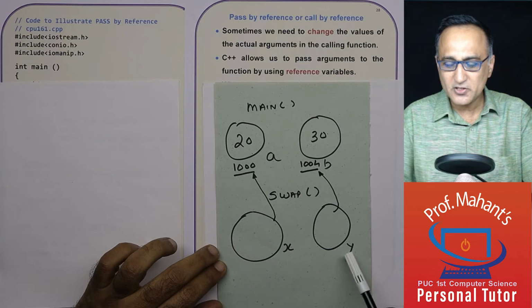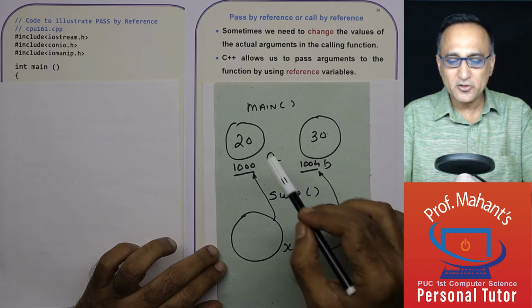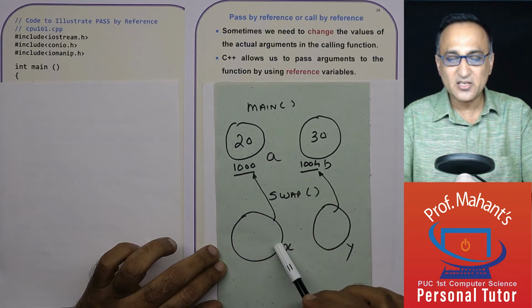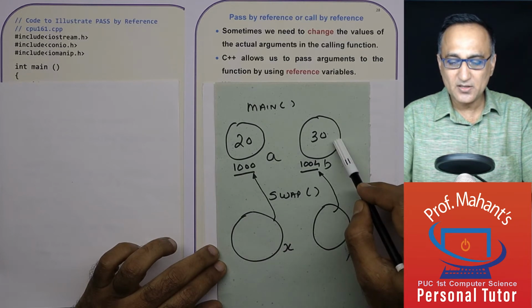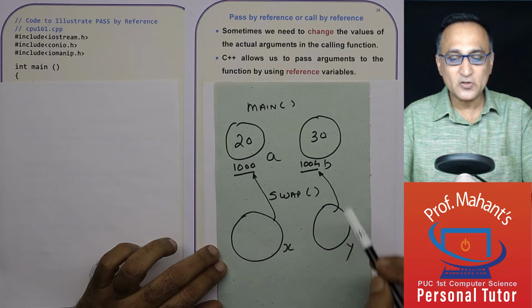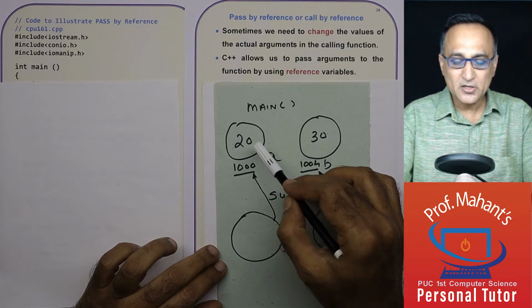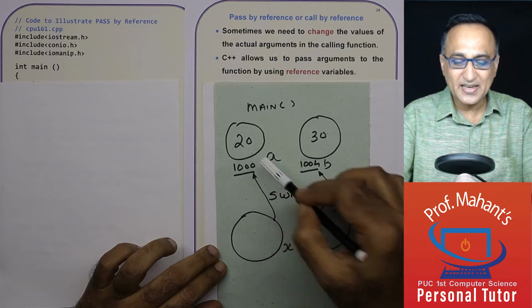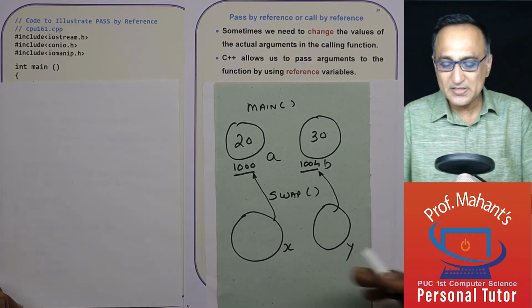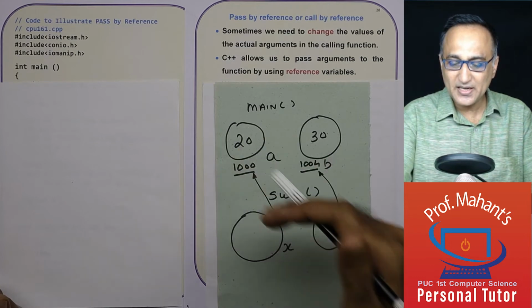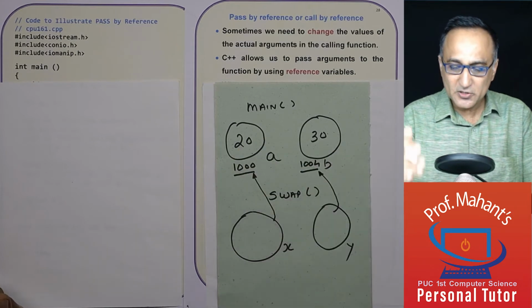If you play around or touch Y, B is affected, because you can think of this as Rajendra, this as Raju, and similarly this as Rajkumar, this as just Raj or Kumar. So both really mean the same. This one is representing A, this one is representing B. So in pass by reference, if you play around with X, it affects A. If you play around with Y, it affects B.